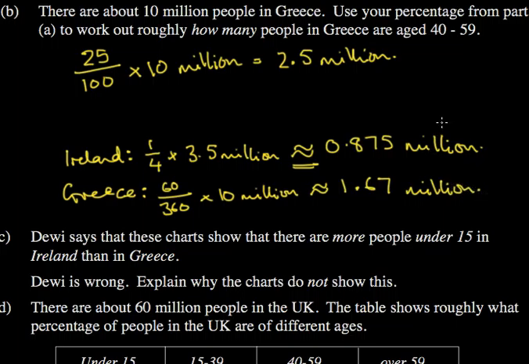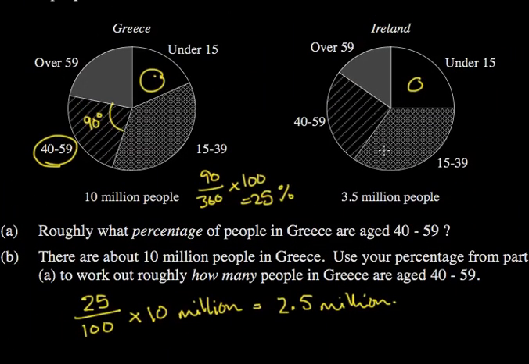So by looking at the graph above, Ireland was 0.875 million, Greece was 1.67 million. And you can see that actually the Greece population was larger, even though the area was smaller.